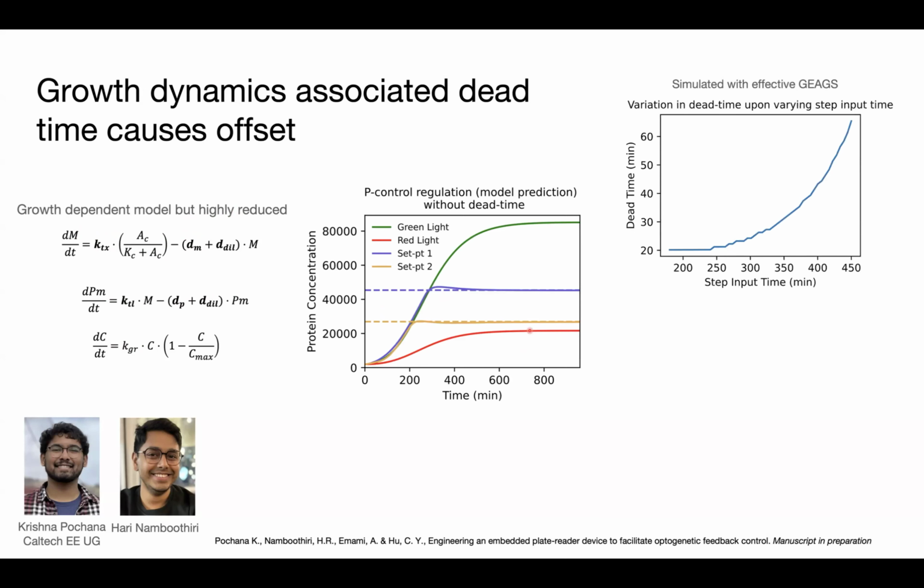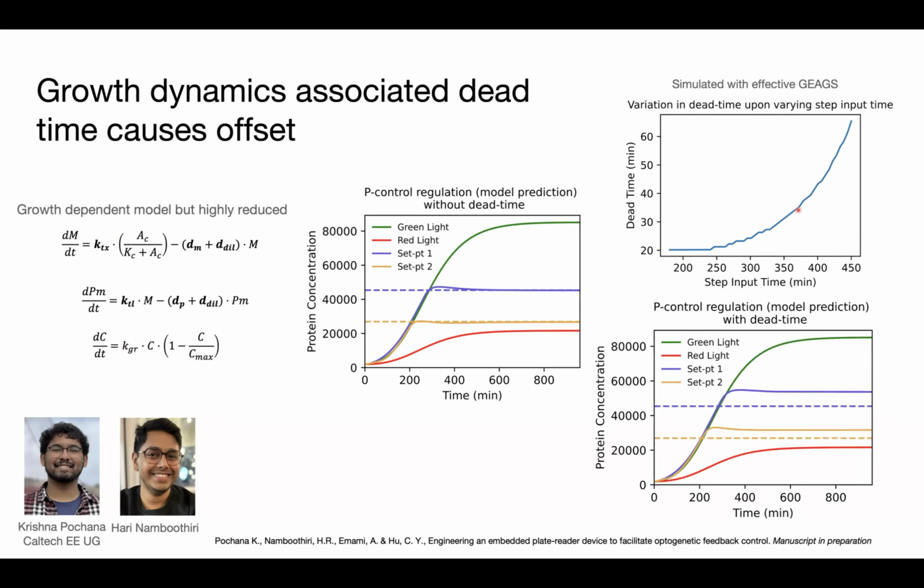Then we used the model to see how long the dead time is when we want to switch between light signals: how long does it take for the system to respond at all? We plotted the dead time, and then we told the controller to measure the signal in the previous time, basically subtracting the dead time.